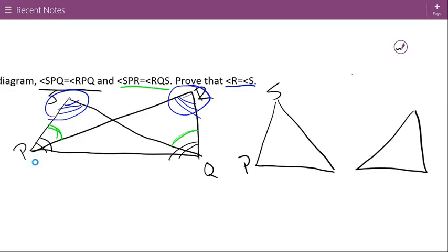So SPQ, RPQ. Okay, so now what we need to do, we know that this is equal to this. Going back to the reflexive property, we know that the PQ in triangle SPQ is the same PQ as the PQ in RPQ, so we've got this and this.